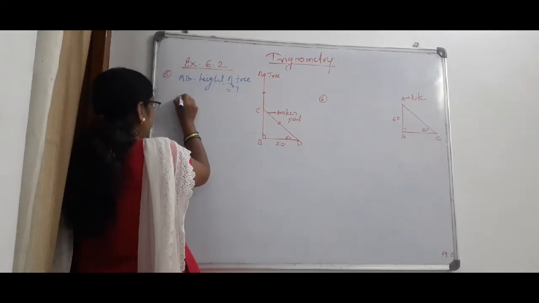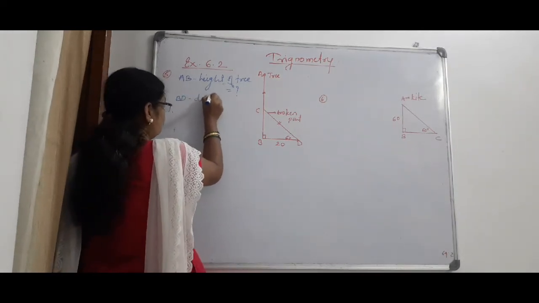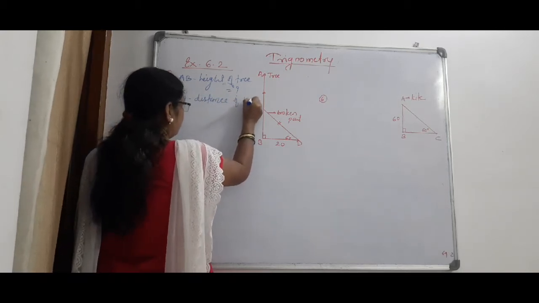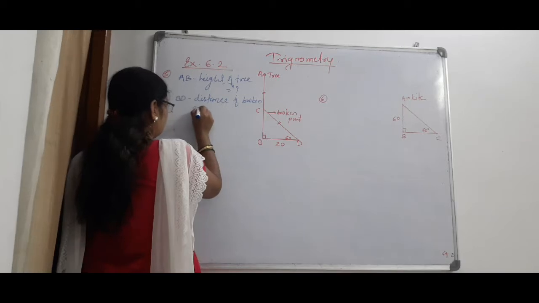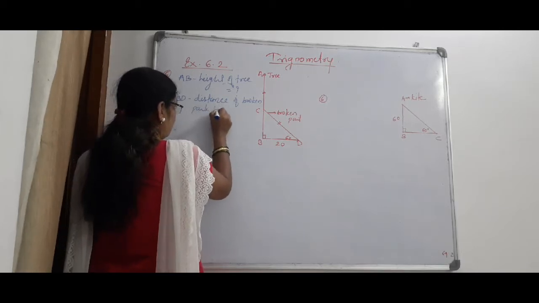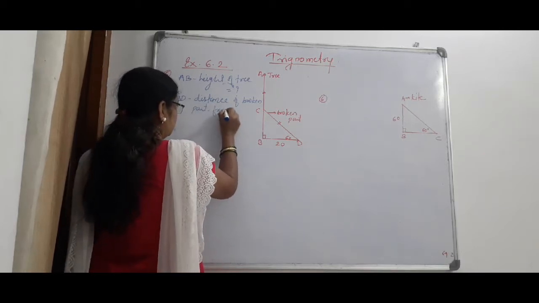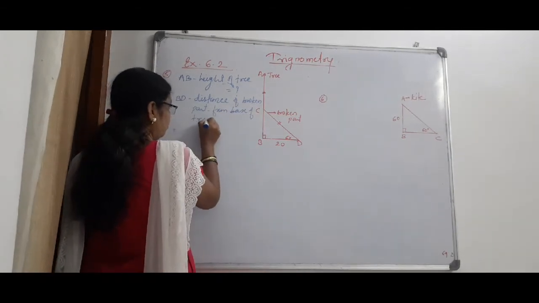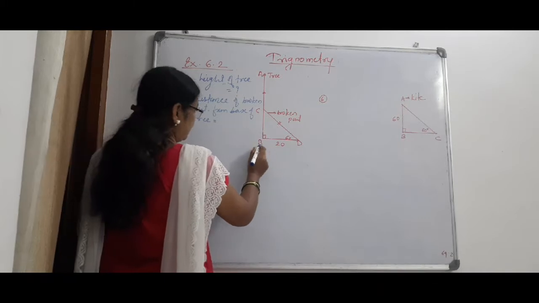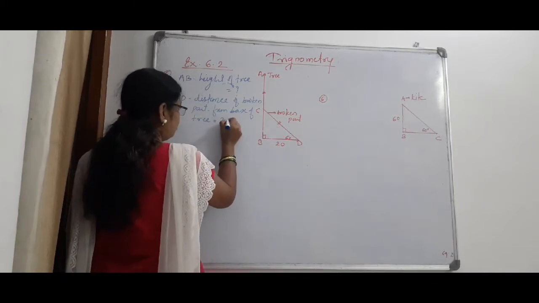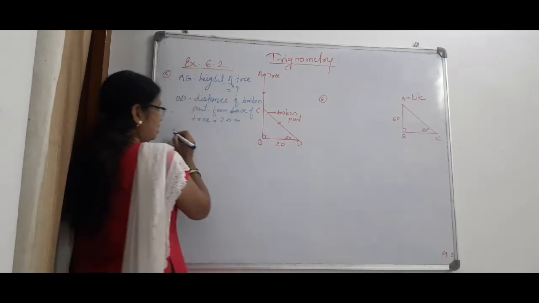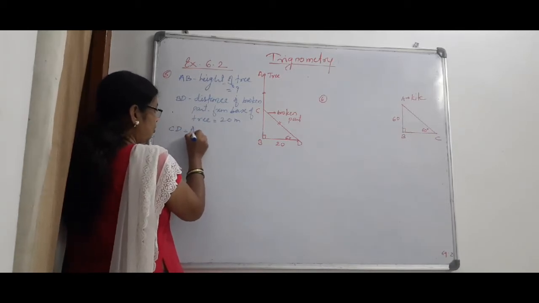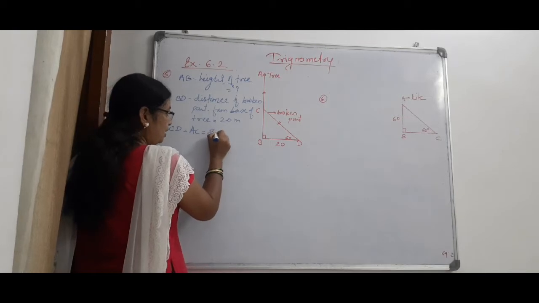BD, distance of broken part from base of the tree, that is BD, that is given 20 meter. Then CD is the broken part. CD is equal to AC, that is the broken part of the tree.